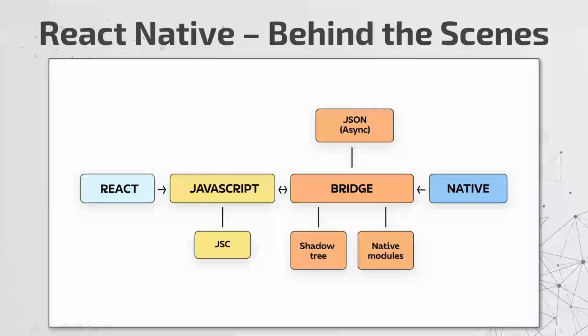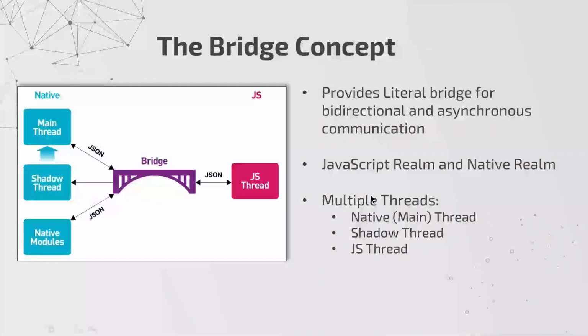All right, so this is the bridge we talked about. It provides a literal bridge between the JS thread and the native thread. In simple terms, we write code in React Native in JavaScript, but it has to be rendered as native-like components or code on the respective device, like Android and iOS.